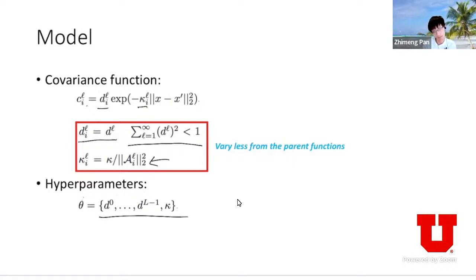Yes, they just want to make it consistent with their parent functions. They don't do ablation experiments about how the parameter settings influence their experimental results, so I don't know if this is the best choice.